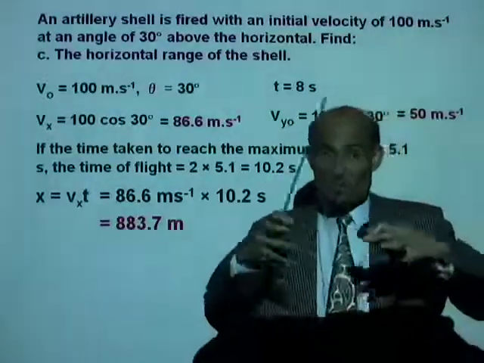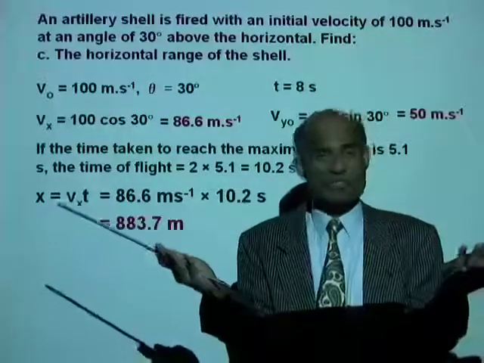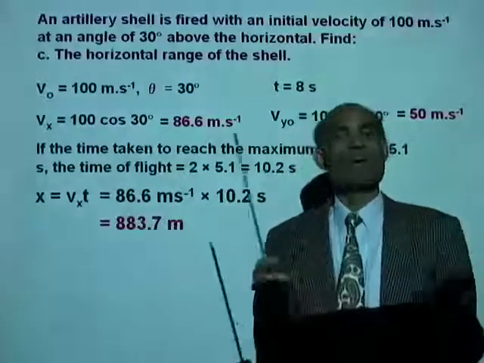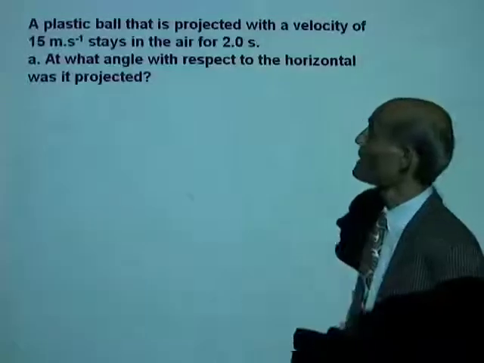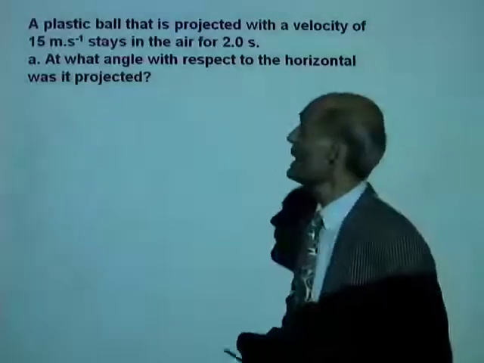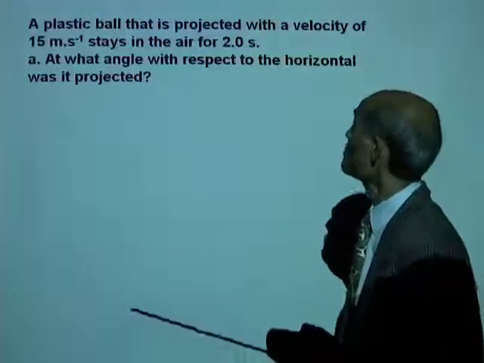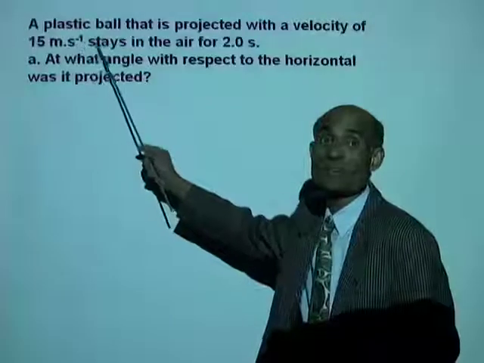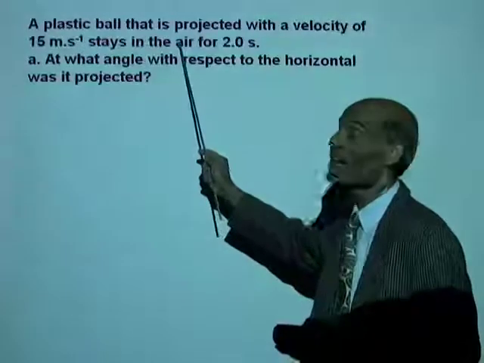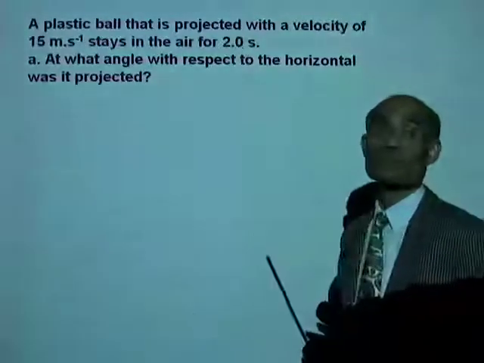Well, this is a representative problem. We discussed practically every aspect of projectile motion in this problem. Let's now look at another problem. A plastic ball that is projected with a velocity of 15 meters per second stays in the air for 2 seconds.